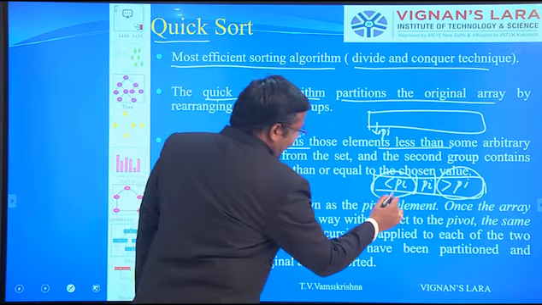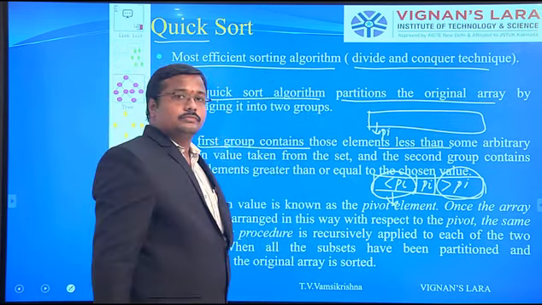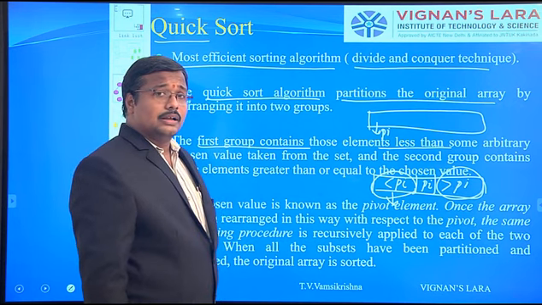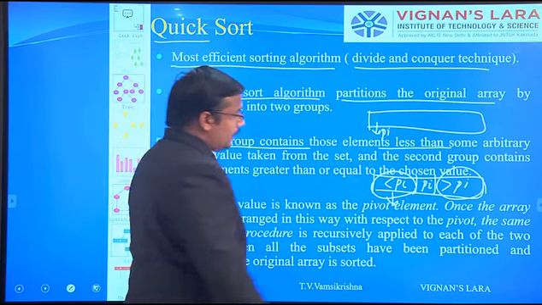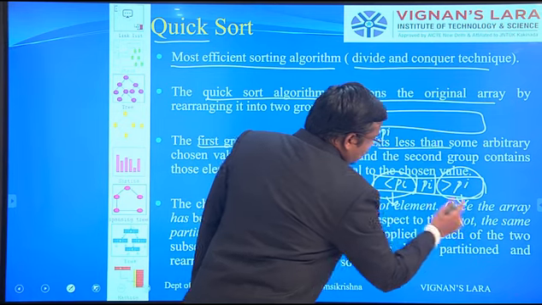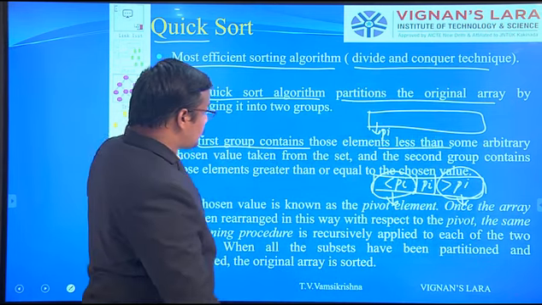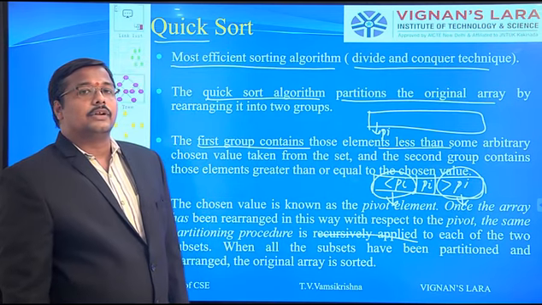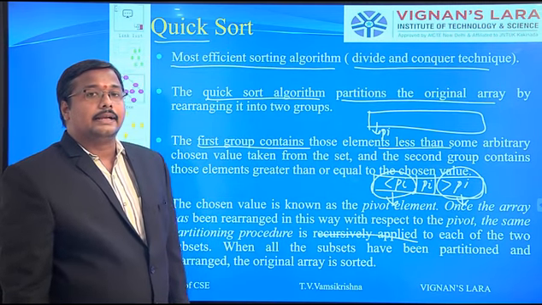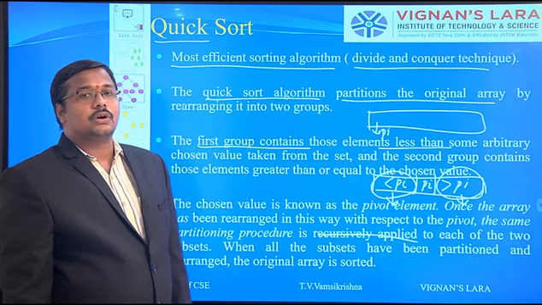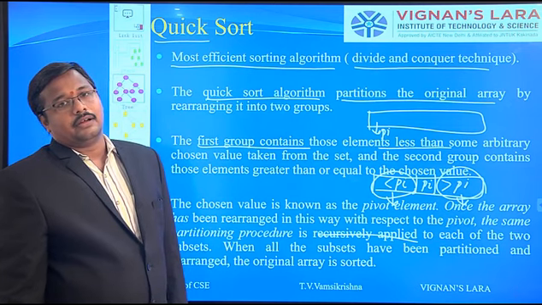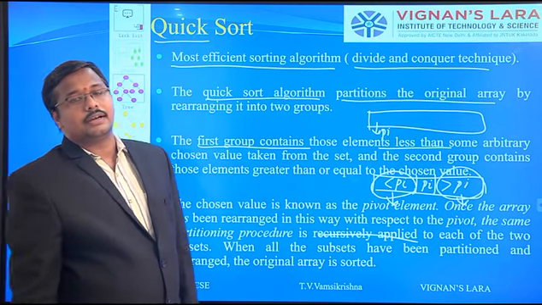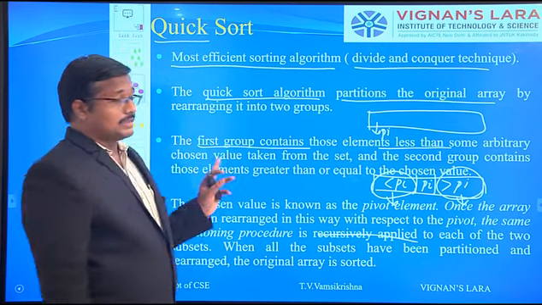Again we apply sorting on the left side of the array and the right side of the array. This process is applied recursively until we get a sorted array. That is the quicksort technique.